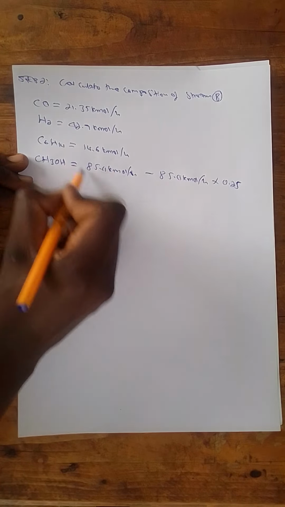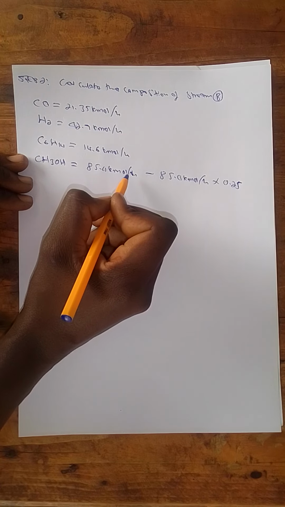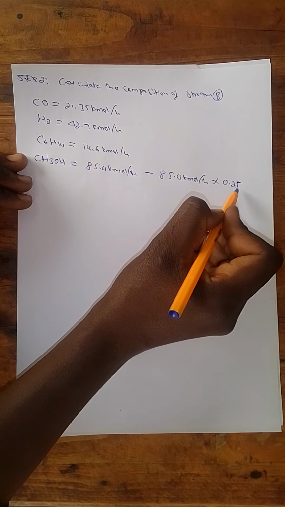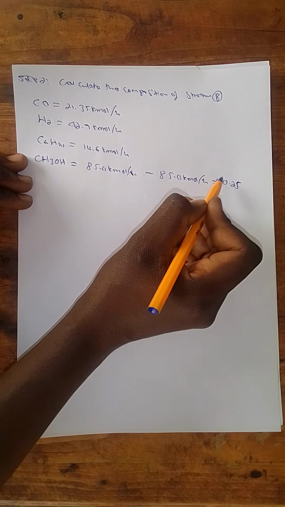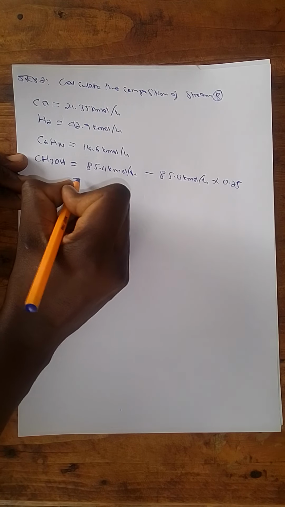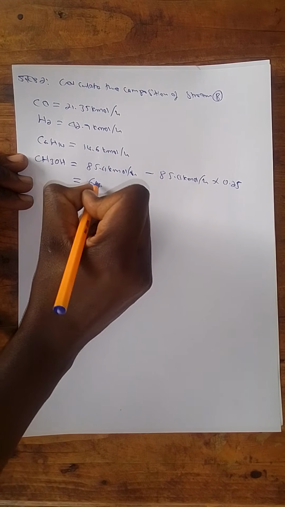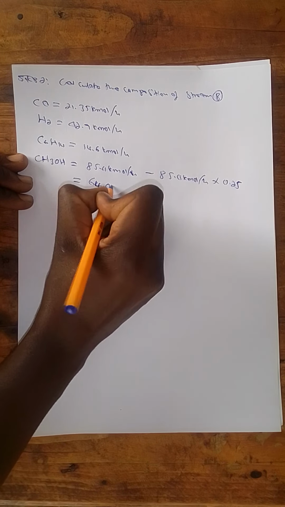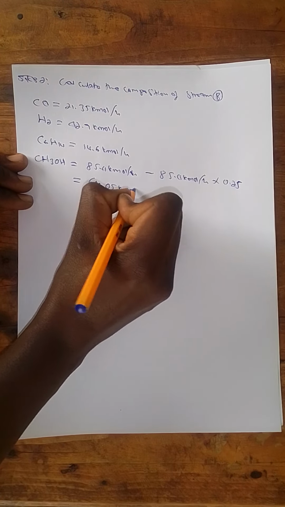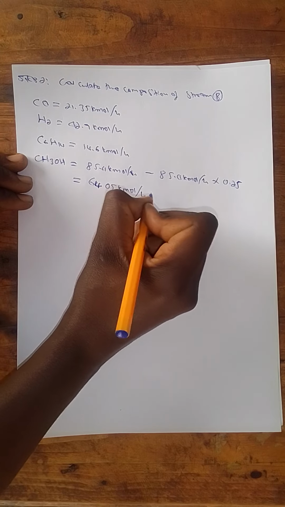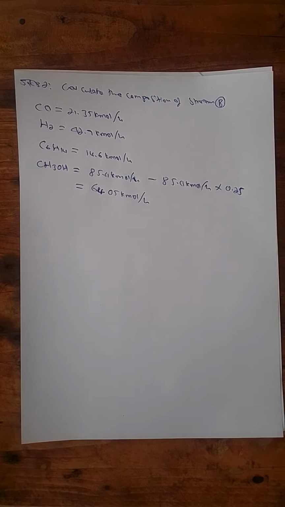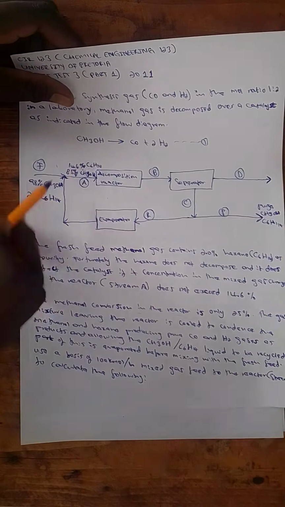It is the original, the whole CH3OH minus the CH3OH that has reacted, or that has decomposed. And with that said, if you use your calculator, it gives you 64.05 kilomole per hour.